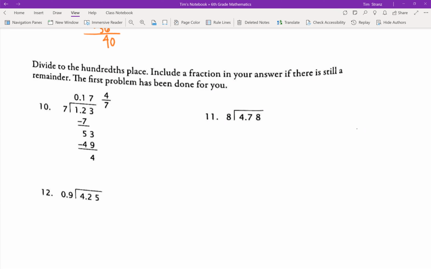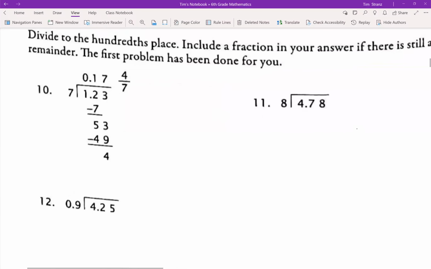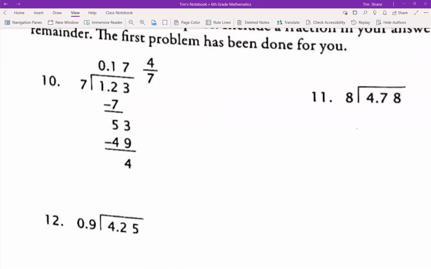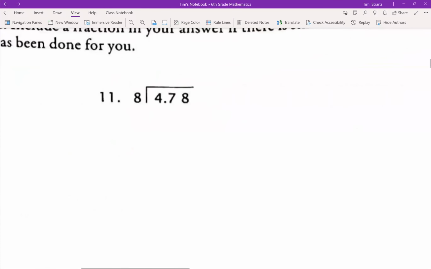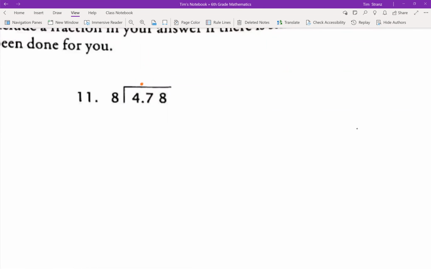And then the last set of directions: divide to the hundredths place, and include a fraction in your answer if there still is a remainder. If we look at 10, the one they did for us, our remainder down here was 4. So they put 4 as the numerator, and the denominator was your divisor. Let's look at number 8. I'm going to leave my decimal right where it is. 8 goes into 47 5 times, which is 40. 8 times 9 is 72.